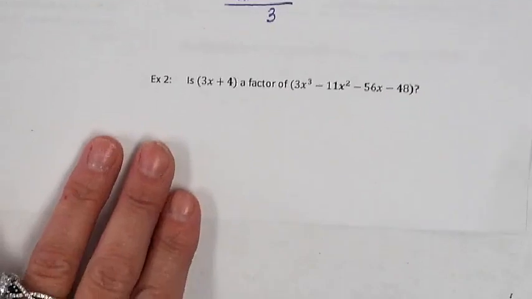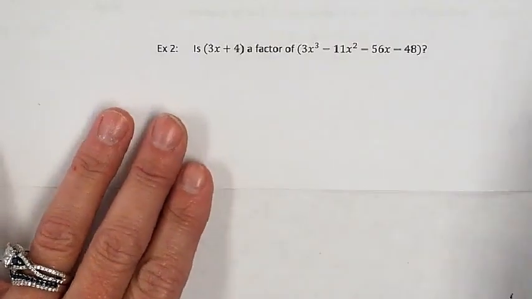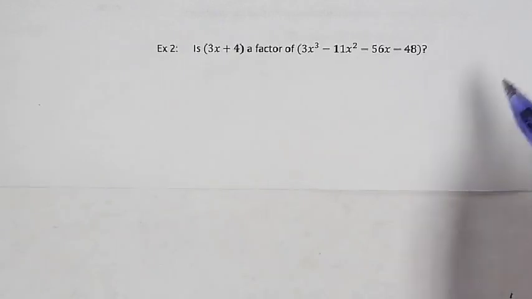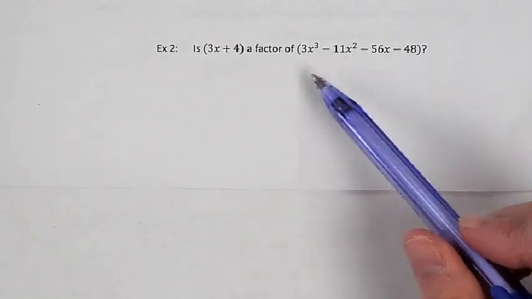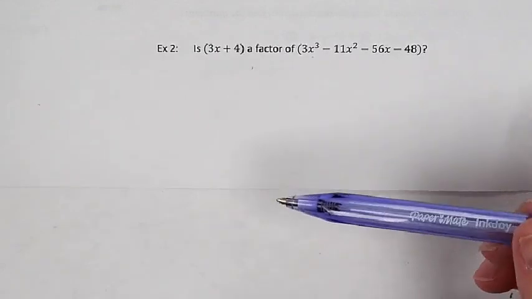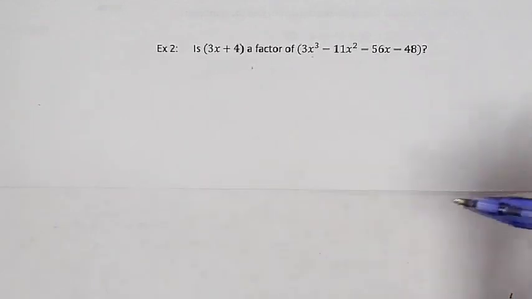All right, let's go to a second example. Is 3x plus 4 a factor of 3x cubed minus 11x squared minus 56x minus 48? If we had this question before we introduced long division, we could try to factor this and see. Instead, we're going to do it using division.